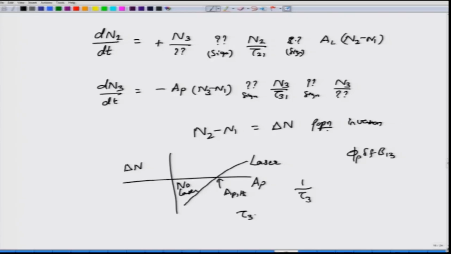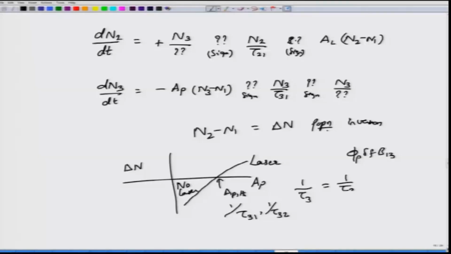One is level 3 to level 1, governed by 1 by tau 31, and then you have 1 by tau 32. So, you can define the effective lifetime, that is the characteristic time scale over which an atom at energy level E3 would decay down to energy level E2 or would decay down to energy level E1, as 1 by tau 3 equals 1 by tau 31 plus 1 by tau 32.